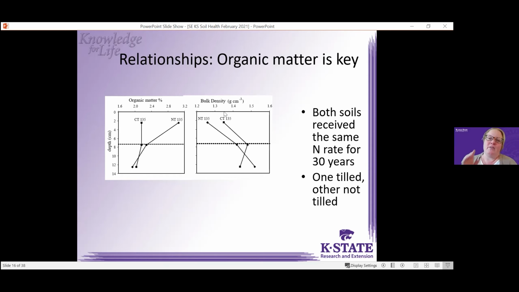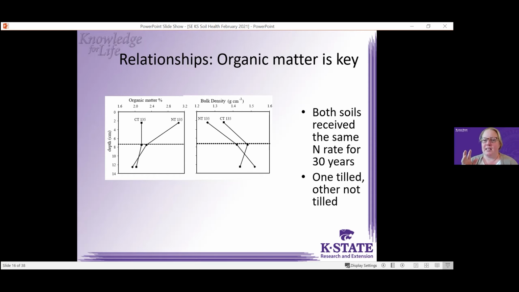So the reason I bring up this bulk density is because for any of the carbon credit programs that are being discussed right now, for carbon trading or carbon storage or carbon sequestration, they're not going to just measure organic matter. They're also going to want to know about the density of the soil and the depth.